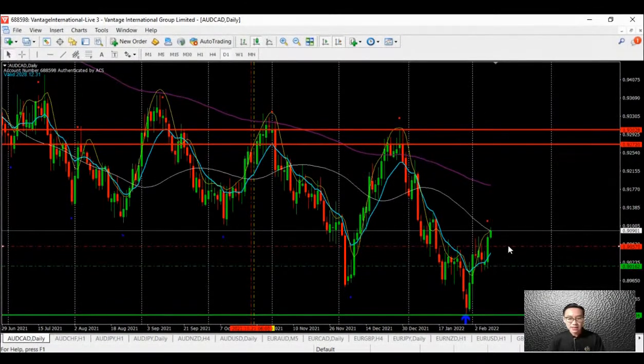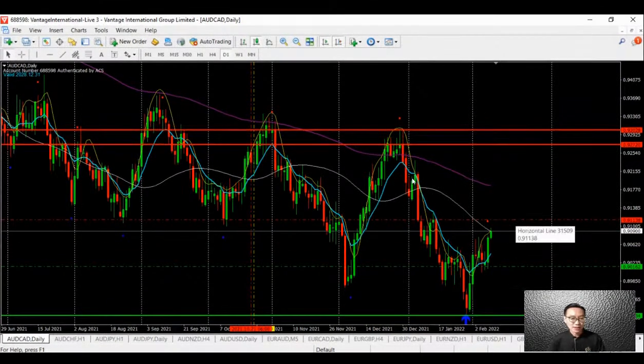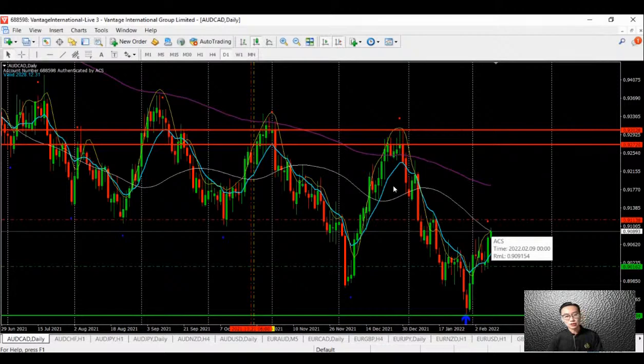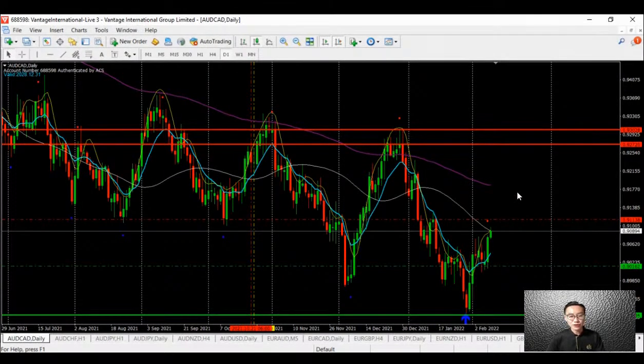By looking at this, there will be a chance that the new resistance will be over here, about another 20 pips to go. Whether it will continue the bull run depends on whether it can break this resistance.